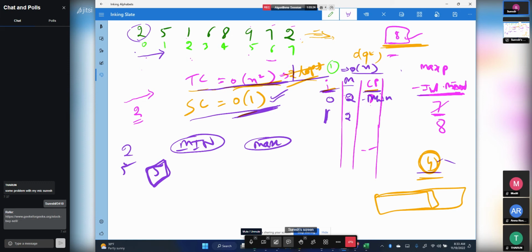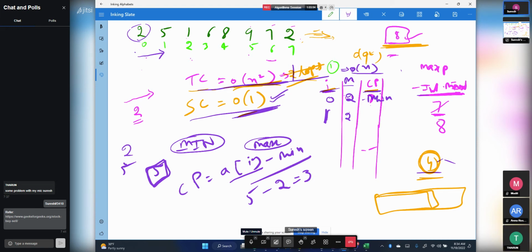Now what is the current profit? Current profit, CP, the formula is a of i minus minimum. What is a of i? 5, since we started at i equal to 1. 5 minus minimum, what is the minimum? 2. And the current profit is 3.